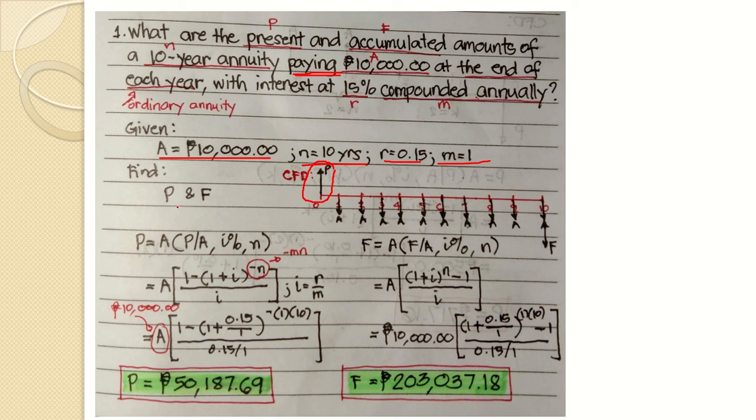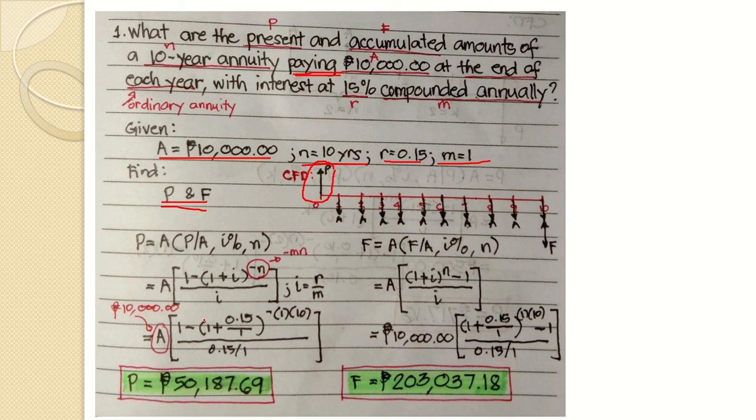Now, again, we have to look for P and F. So recall the equation: P is equal to A times the factor P given A at I% interest rate in N compounding periods. So this is the equivalent formula. And remember, I is equal to R over M. So A here is 10,000.